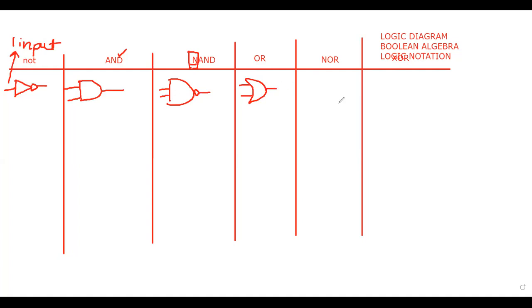Got it? Now N is attached with the OR gate, so I will first make the OR gate, and then two inputs but with the inverter at the output.